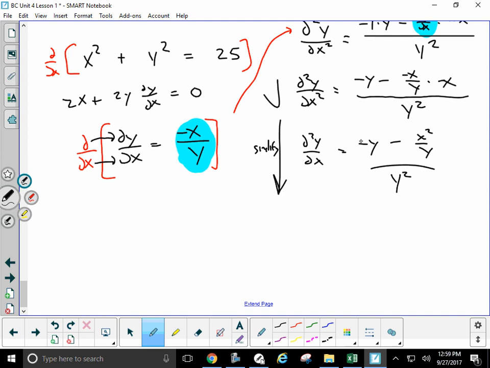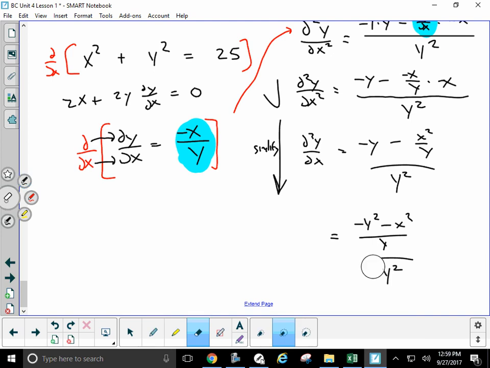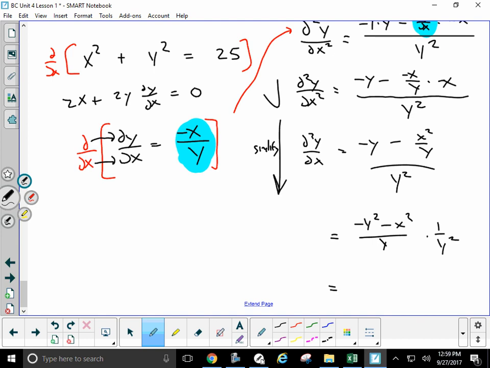I'm going to give this a common denominator. I'm going to go negative y squared minus x squared over y minus y squared. Well, instead of divide by y squared, I'm going to multiply by 1 over y squared. And I'm going to get negative y squared minus x squared over y cubed.